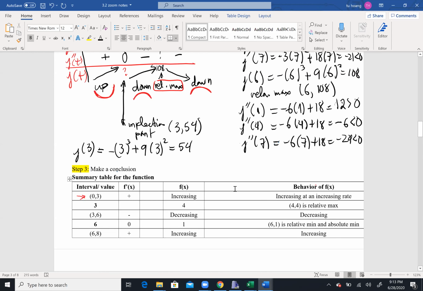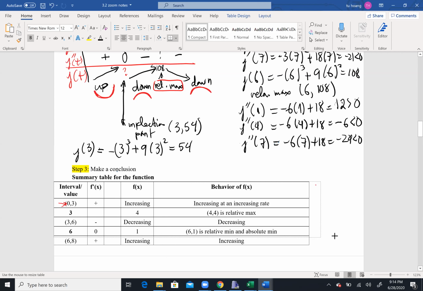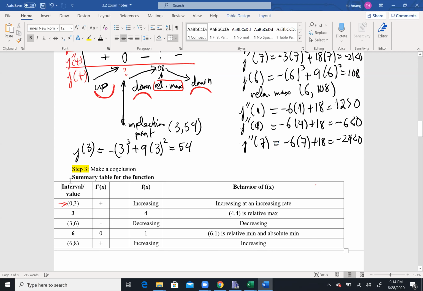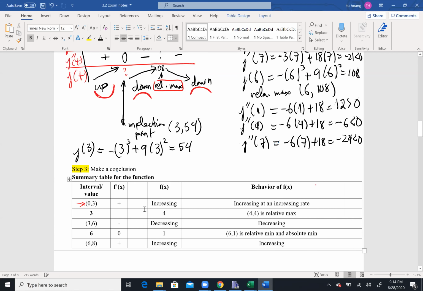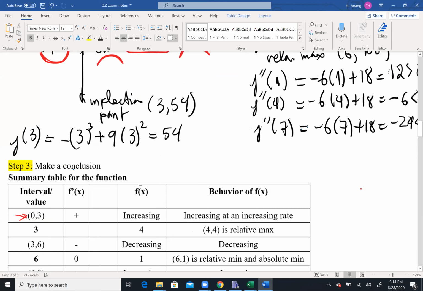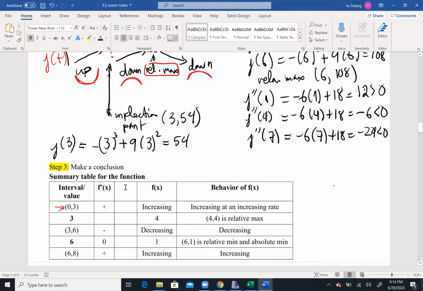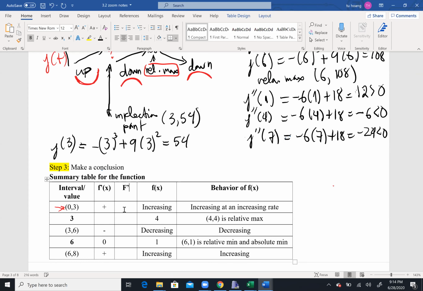Okay, this one is hard to make smaller. Move a little bit here. Okay, I can make this one smaller. Now make it bigger so we can see. Okay, let me call this one f second derivative of x.